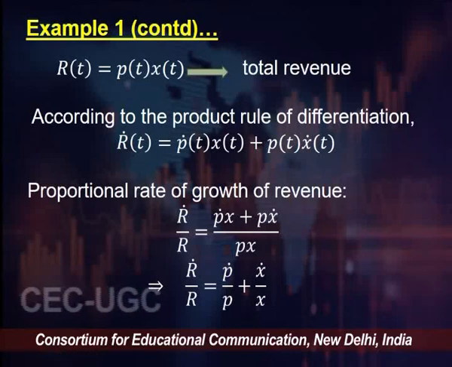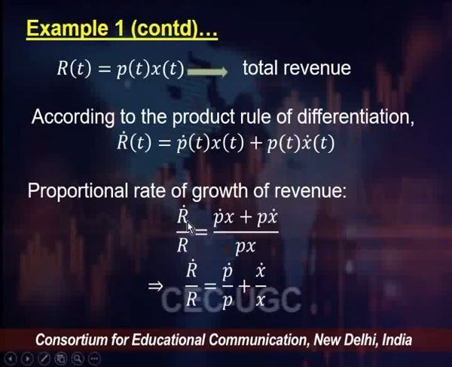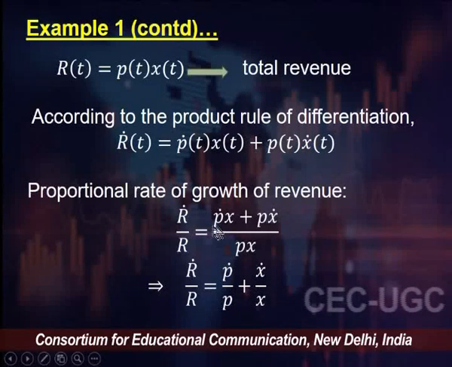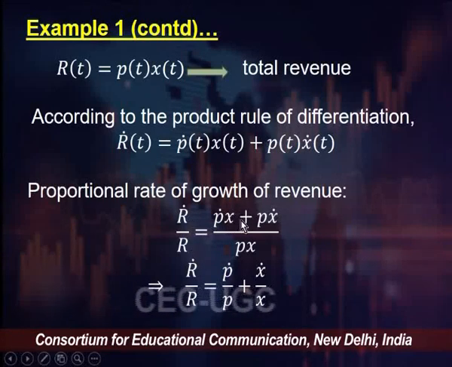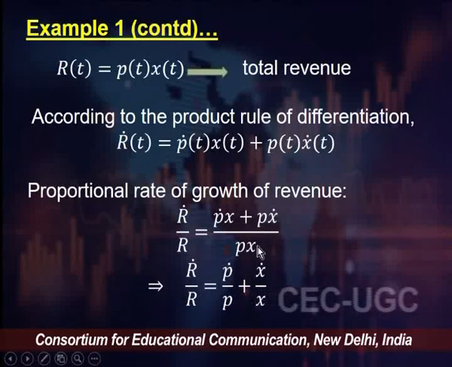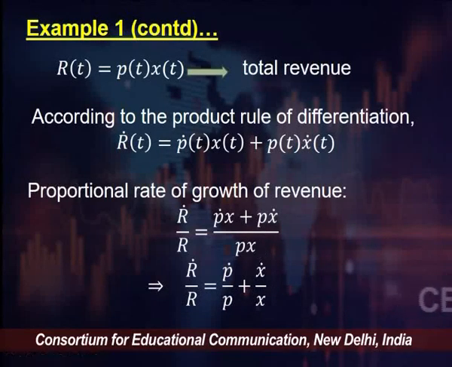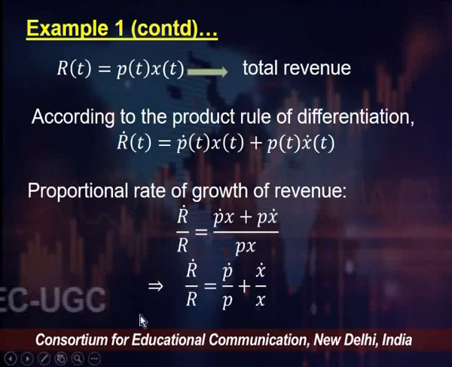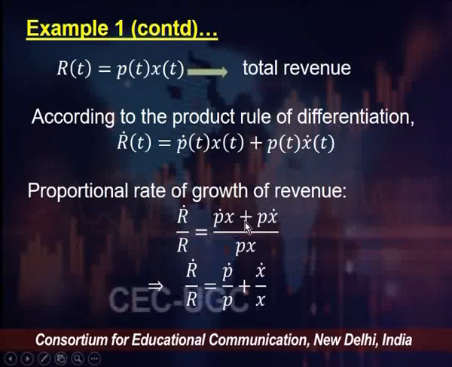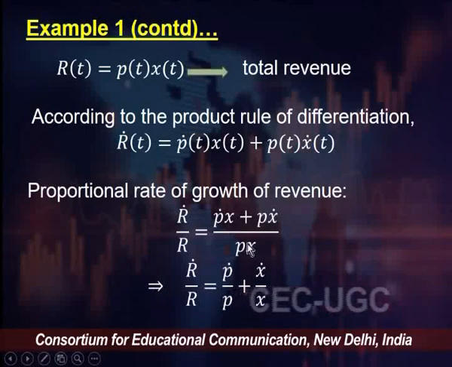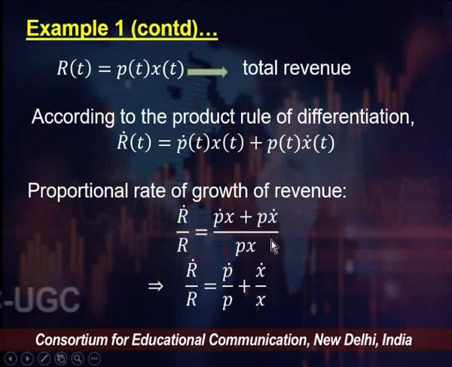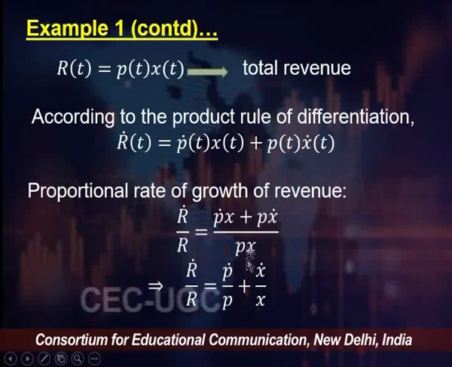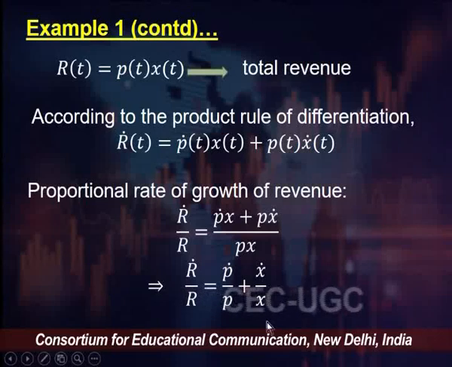Now, the proportional rate of growth of revenue is r dot divided by r, and I've suppressed the t argument again here. You can see that r dot is p dot times x plus p times x dot. If I divide that by r, which is p times x, the total revenue, and separate out these two terms, the x gets cancelled in the first, so you get p dot by p, plus in the second term the price variable gets cancelled, so you get x dot by x.